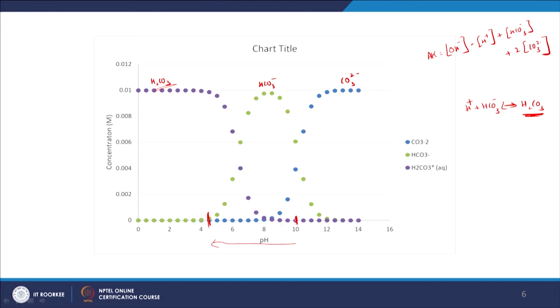I keep going down and the HCO3 minus concentration keeps decreasing, until almost all of it, but not all of it, is in the form of H2CO3, and that is what you would understand in your system too.